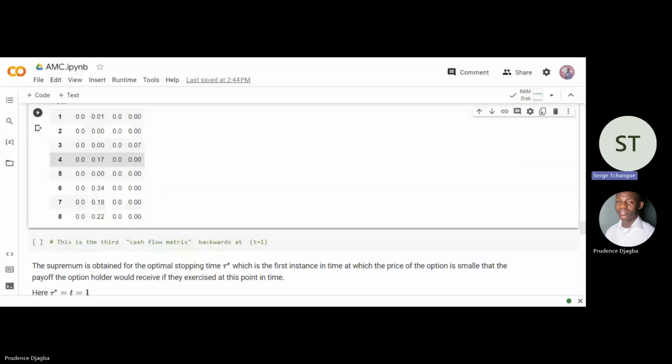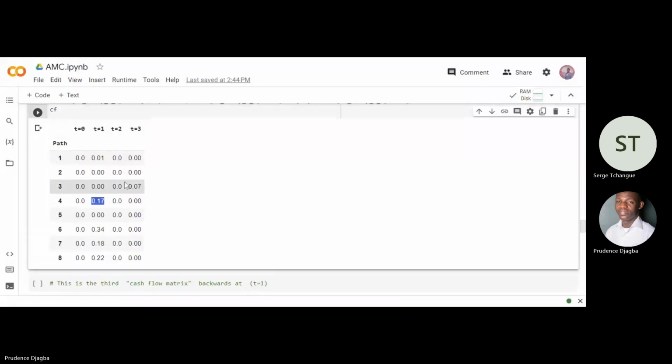Yes, you get them from the cash flow, from those matrices that you calculated.